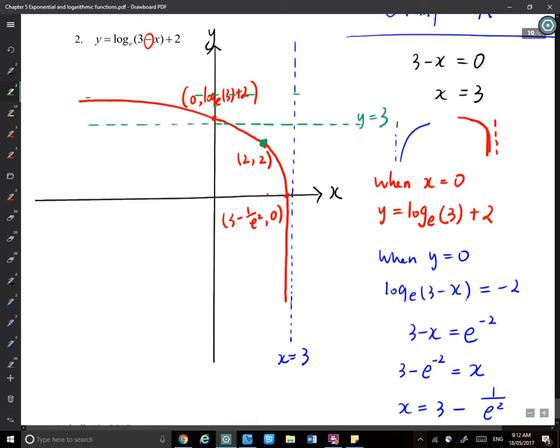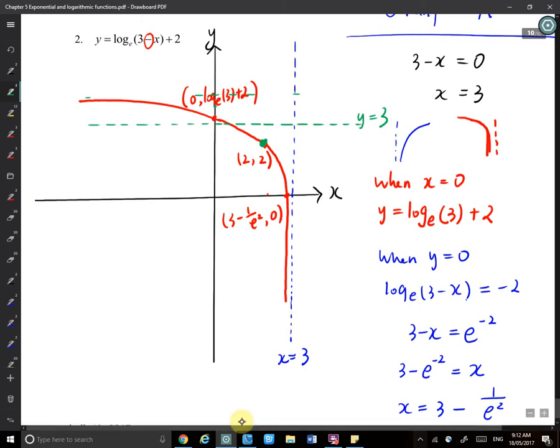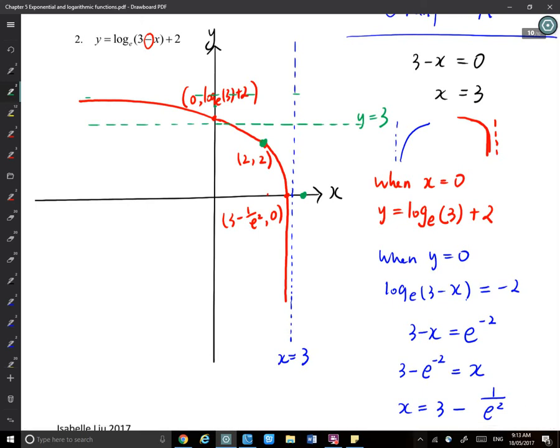There is y equals 3, and this number is beyond 3. Therefore, my x-intercept will be here, to the right-hand side of x equals 3.